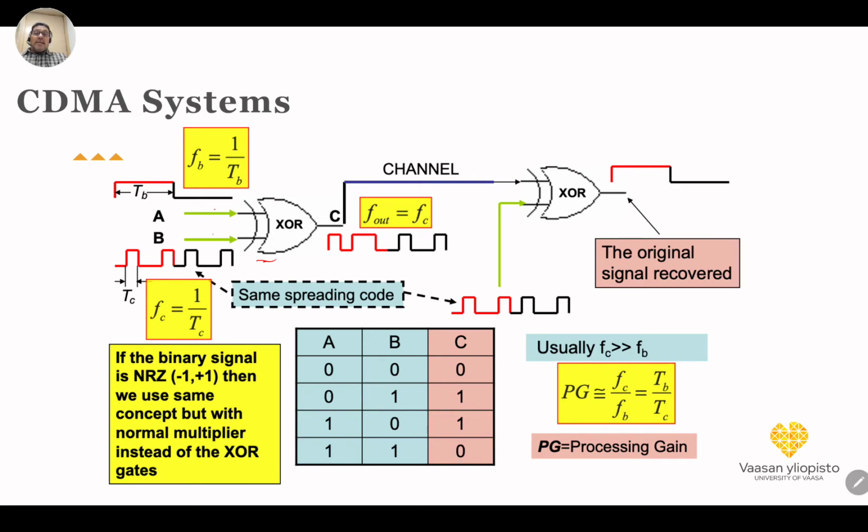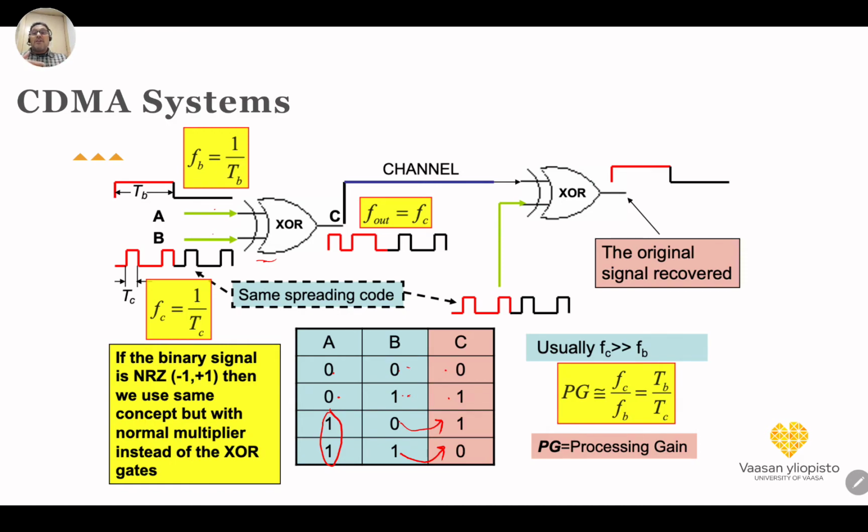If A is 0, the other input will not change, it will be the same: 0 stays 0, 1 stays 1. But if A is 1, and the other input is 0, the output will be 1. If it is 1, the output will be 0. So it is reversed. It is the same as the multiplication that we used with non-return to zero modulation.